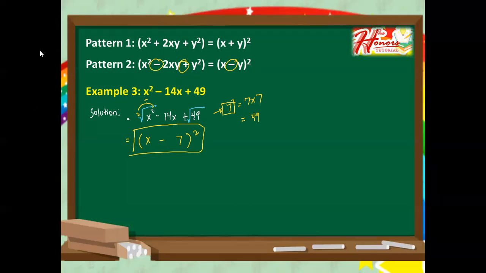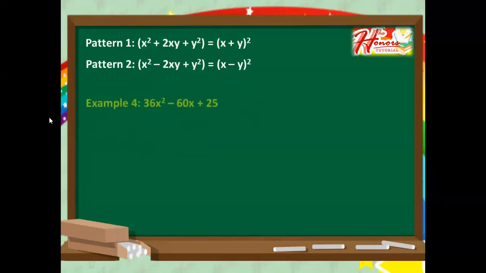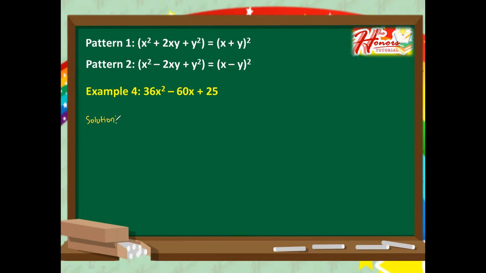Last example. Same process. Let's write solution. So I'll just write the given, that is 36x squared minus 60x plus 25. Kindly get the square root of the first term, which is 36x squared, and the square root of the third term.